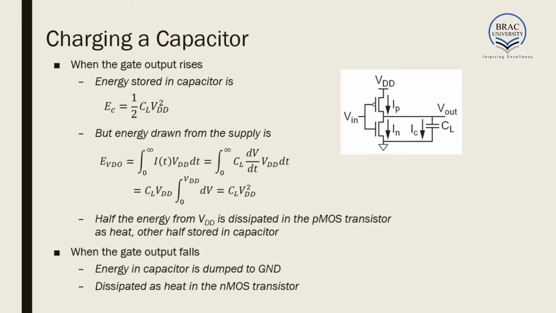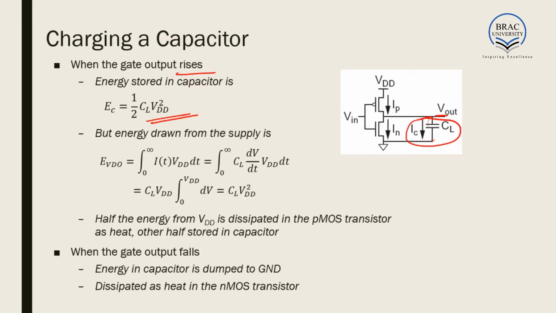Half C Vc squared is the energy stored in a capacitor. Now, what happens in a circuit? When we are charging a capacitor, the output rises, and since the output rises, the energy is stored in the capacitor because Vout has a positive value and there is a voltage across the capacitor. From the previous expression, we have found that the energy stored in a capacitor is equal to half CL VDD squared.